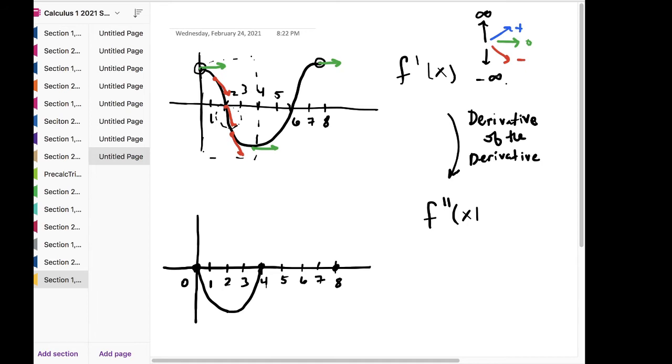Now in the second half, is it positive or negative? The derivative. From 4 to 8, yes, it's positive. Because as you come back up, it's increasing, right?